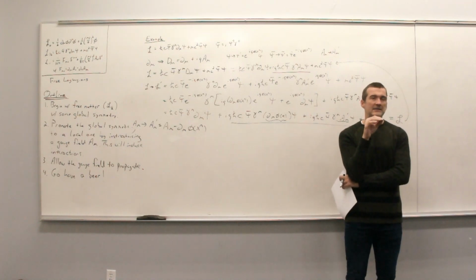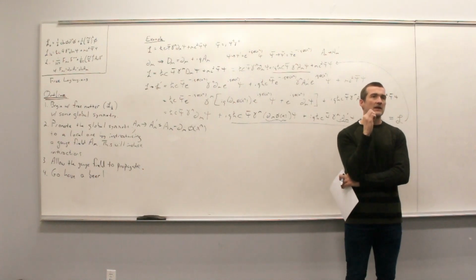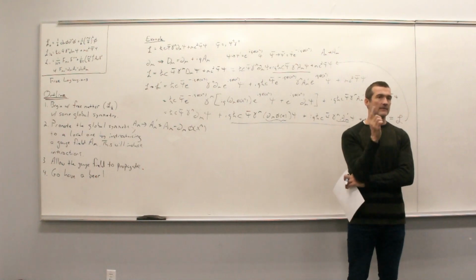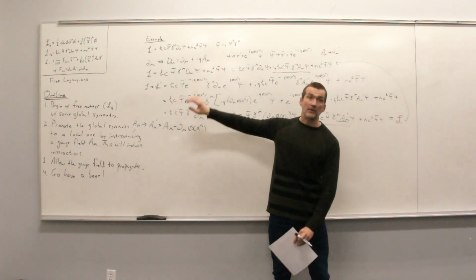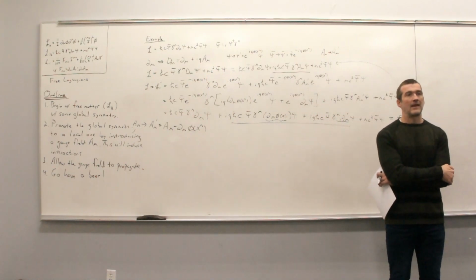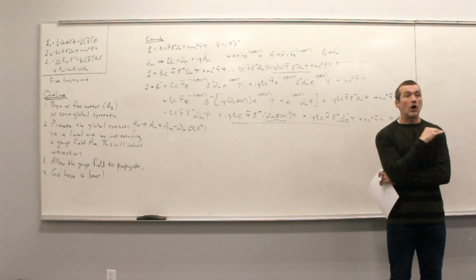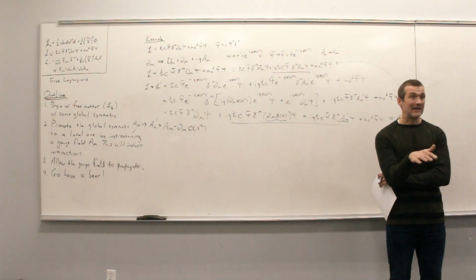But at this point, when I say gauge field, just think of a field that is intrinsically tied to a gauge symmetry, because it's the field you have to introduce so that the derivative is well behaved. And you'll get more comfortable with this because this is how we get all of the standard model forces. It's also how we get general relativity.